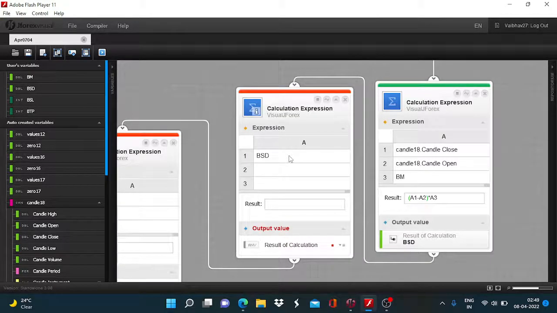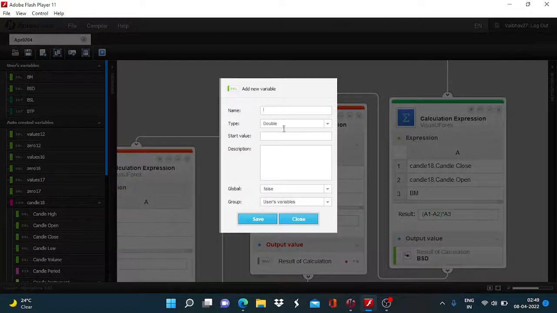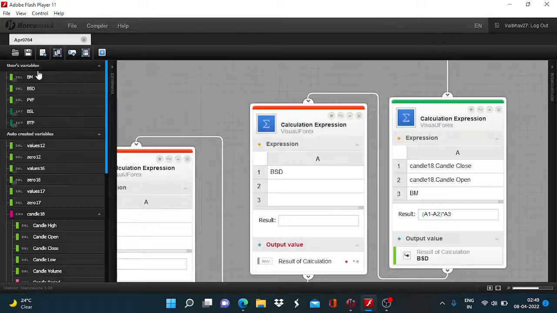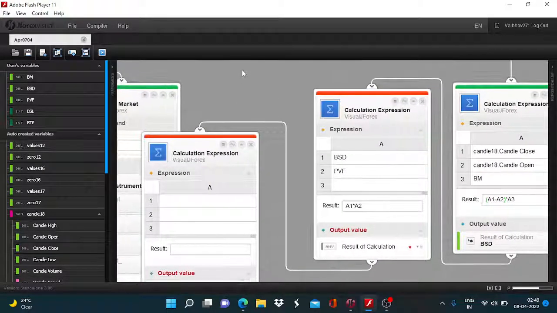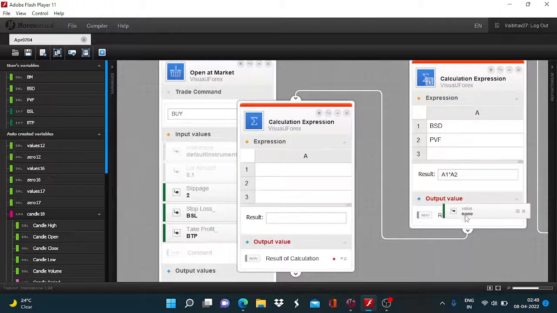And we then convert this difference into the integer data type. So for that we have to take 10 raised to the power 4, that is 10,000. So we take this and multiply A1 with A2, and we arrive at our stop loss level, which we had defined earlier.